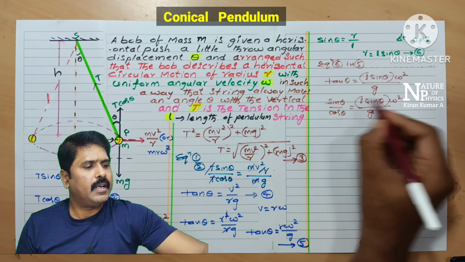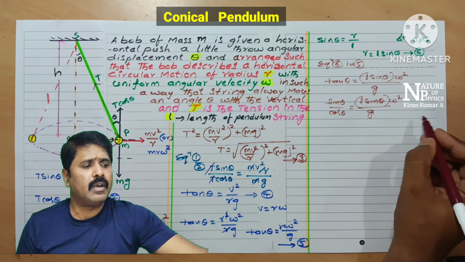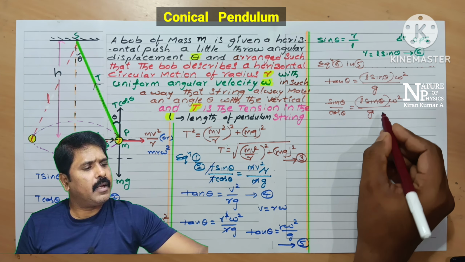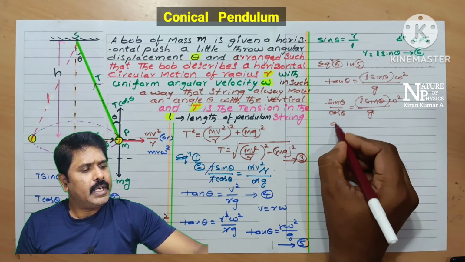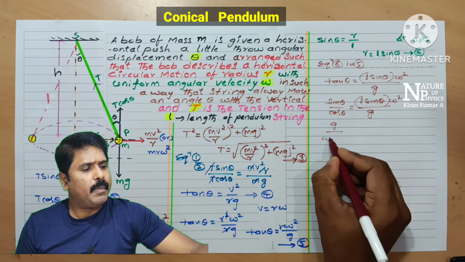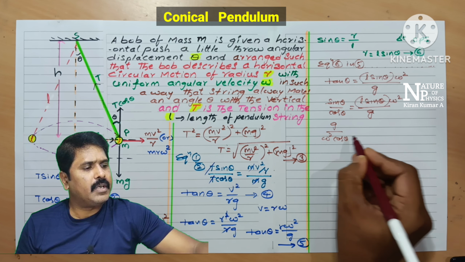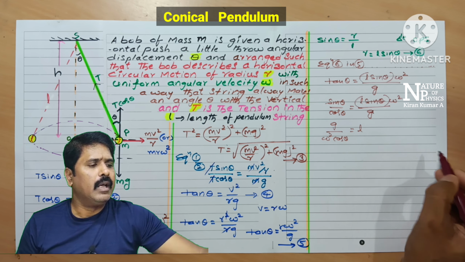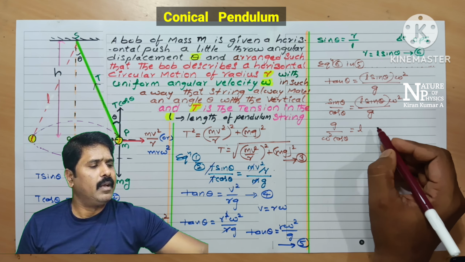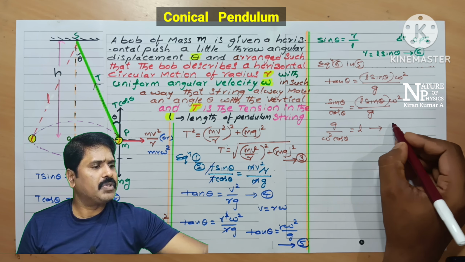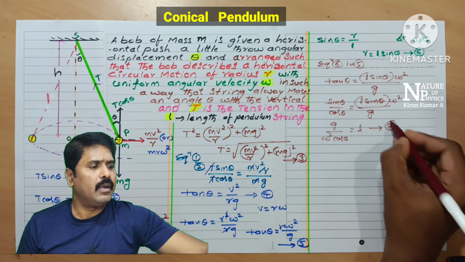Sin theta gets cancelled, so I am getting g divided by omega square into cos theta, which is equal to L, student. I can write this as equation number 7.